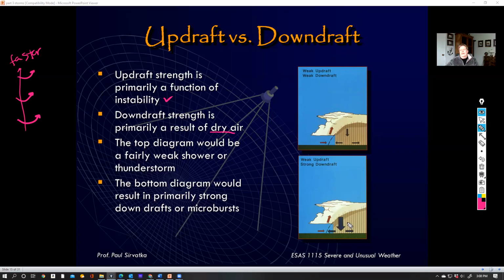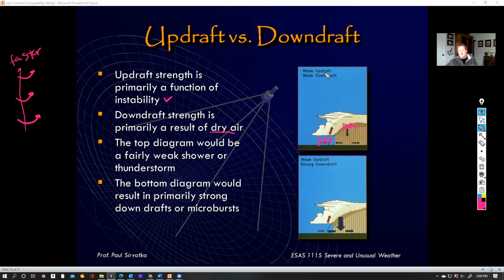The fatter the air, I guess that's what they're implying in the diagram. Why is it stronger? Well, it's something to do with dry air. The dry air could be here, or most likely it's going to be outside the cloud if you get a little bit of shear to cause the rain to fall out. Nonetheless, we tend to think drier air causes stronger downdrafts.